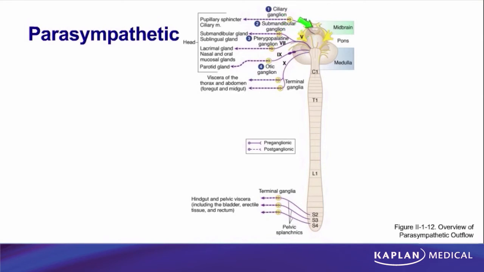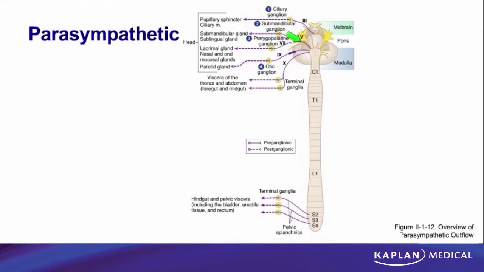Cranial nerve 3, all of its preganglionics synapse in the ciliary ganglion. No exceptions. Cranial nerve 9, all of its preganglionic parasympathetics synapse in the otic ganglion. No exceptions. And then cranial nerve 7, its preganglionics synapse in one of the other 2 ganglia by way of 2 different branches of cranial nerve 7.